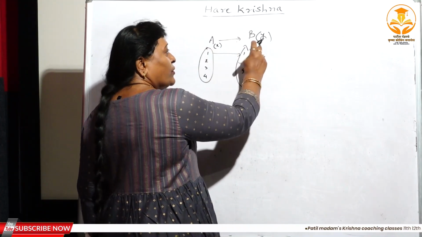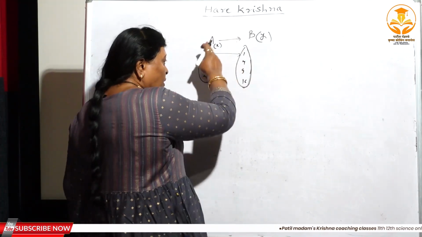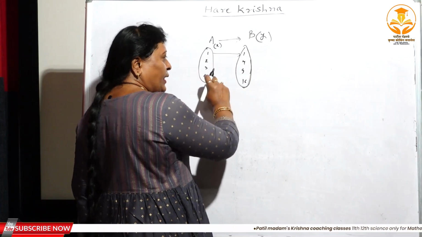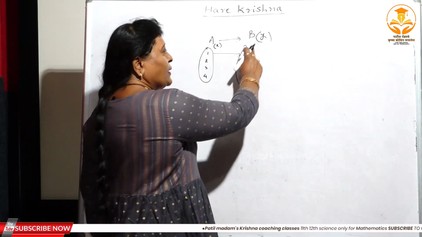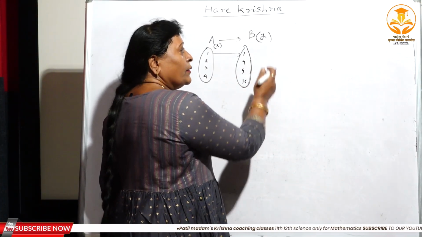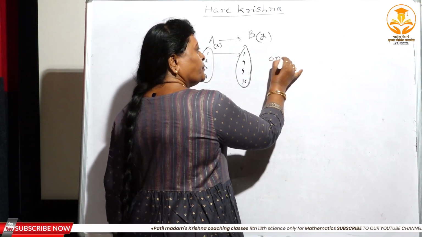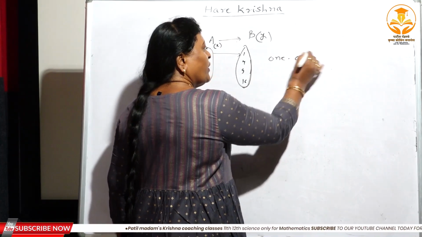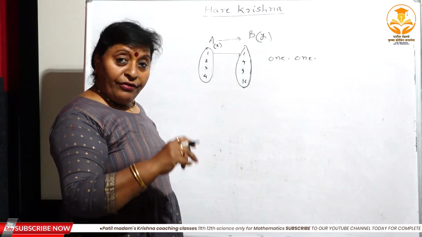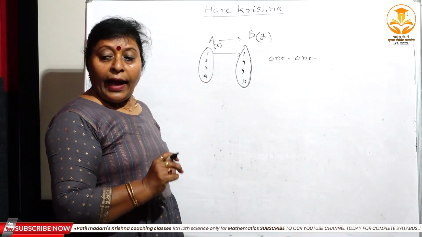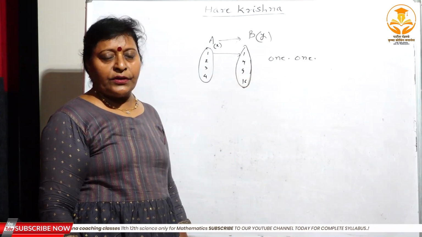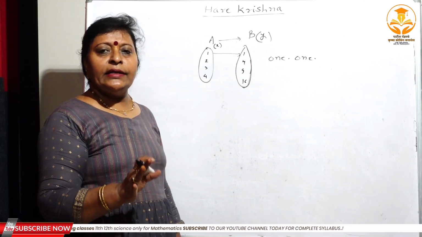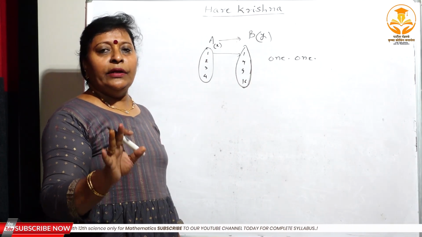Whatever the elements in the set A must have one and only one image in the set B, and that is called a 1-1 function. And when every element of the set B has some pre-image in the set A, then that is called an onto function.